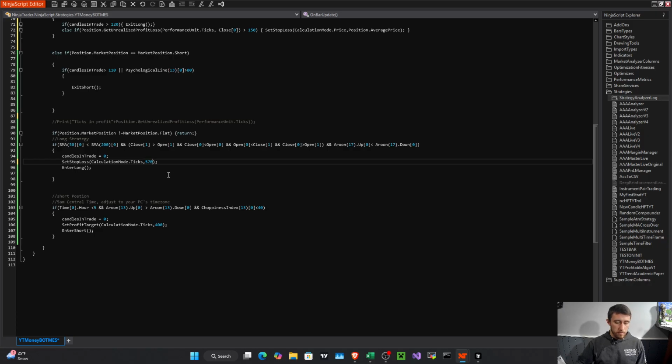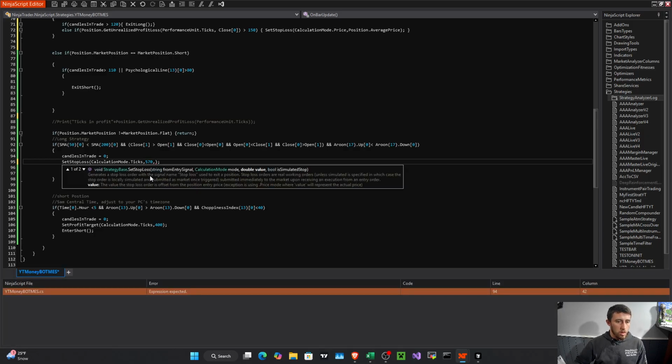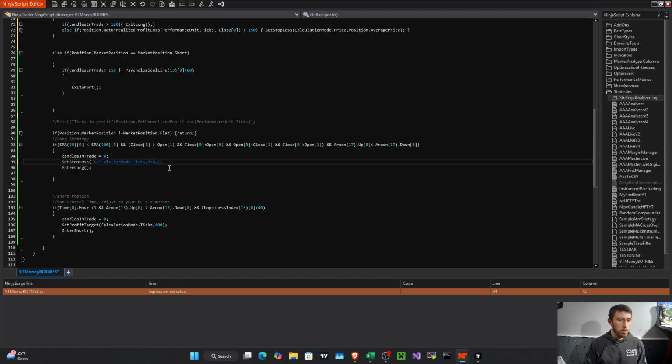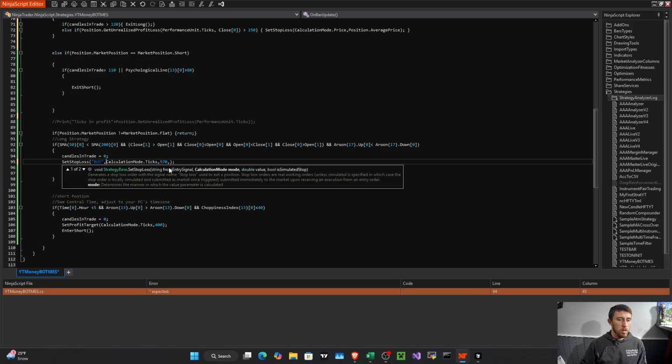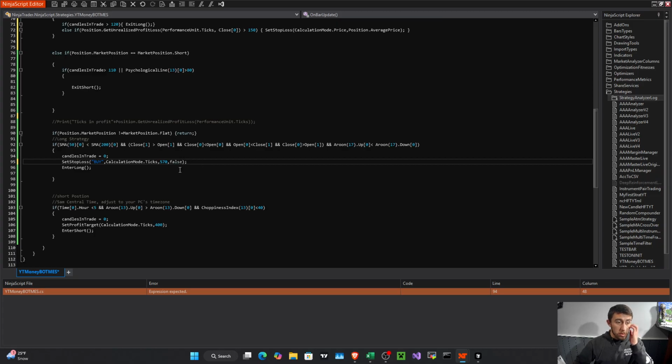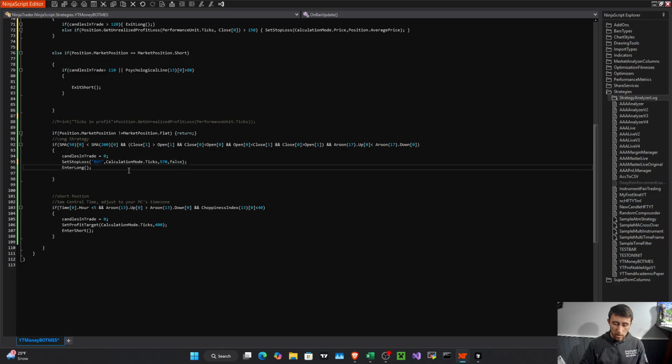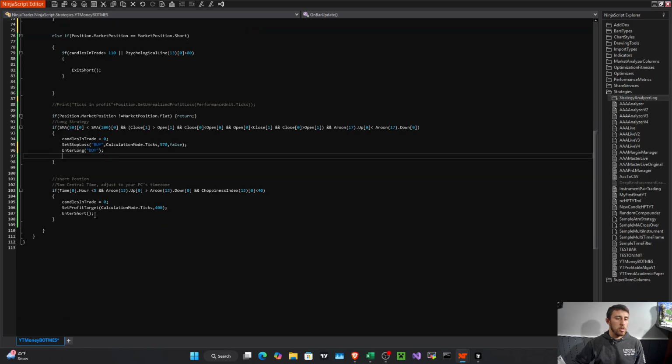So we're going to do from entry signal is going to be buy, and then is simulated stop, we'll just do false, and then when we buy, the entry signal is going to be buy. So this will make sure our stop loss is only applied to positions with a buy entry signal.